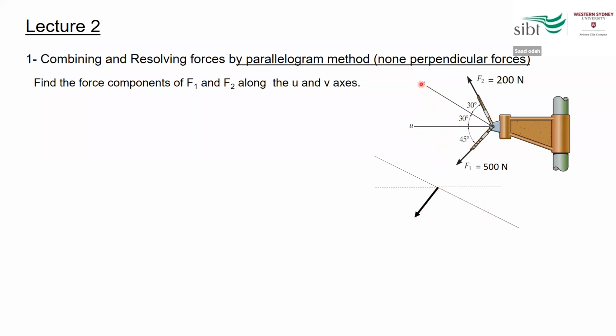I take the V-axis in this direction and the U-axis in this direction. Now I can find the component of this force, which is the 500, along these two axes.